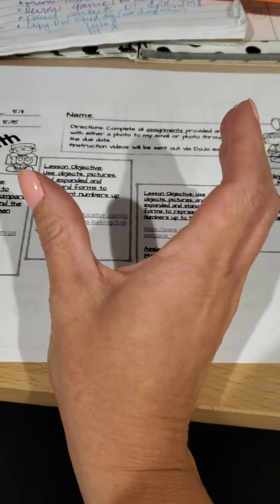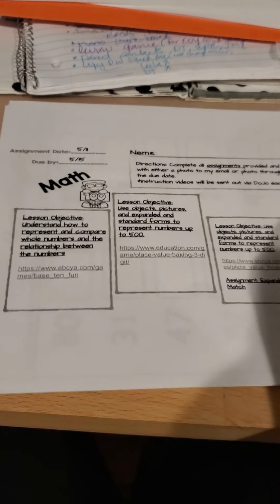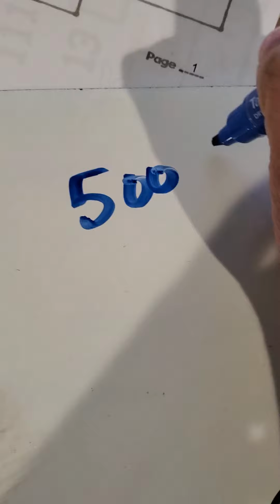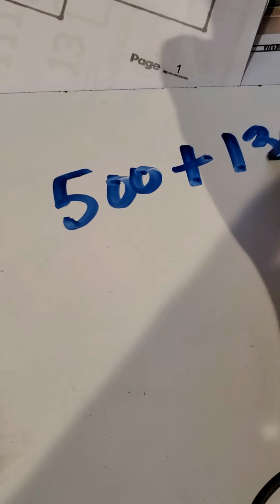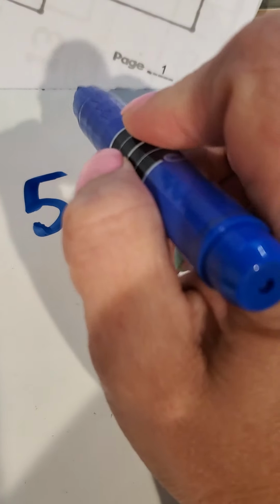Okay. So that is going to look like what we did last week with the expanded form. Let me show you guys real quick on this little whiteboard. Last week we did expanded form. So if Miss Pollard said 513, we're going to say 500 plus 13.